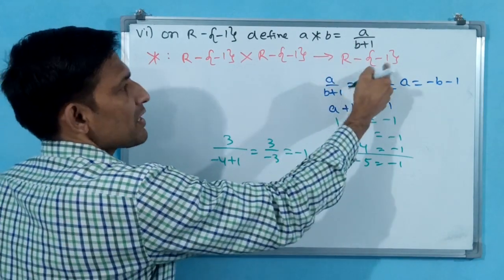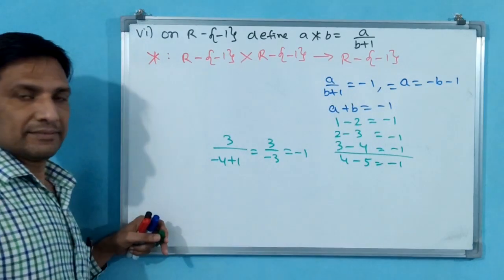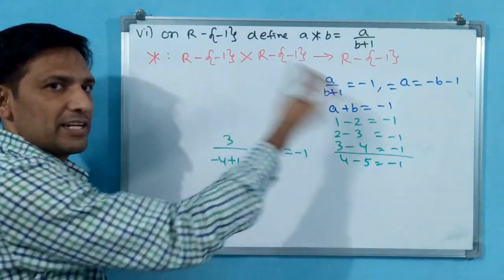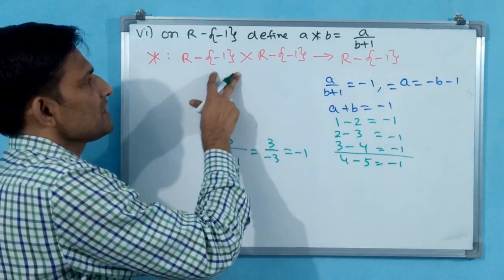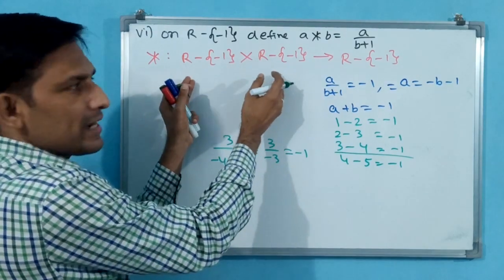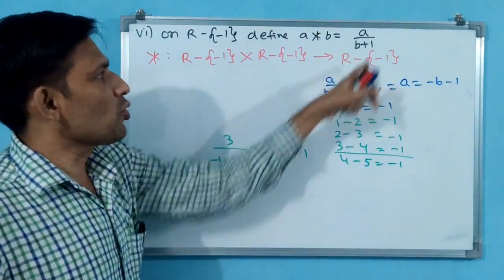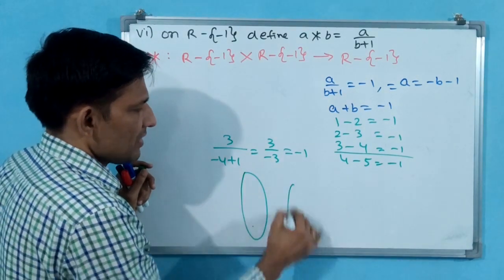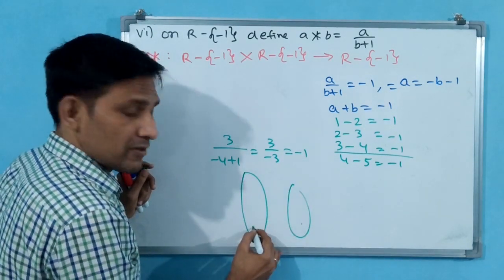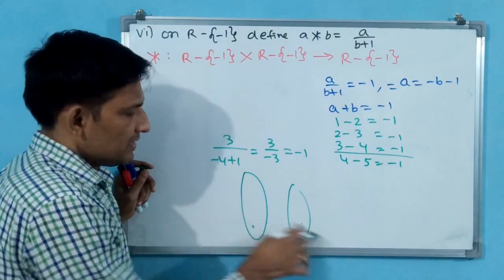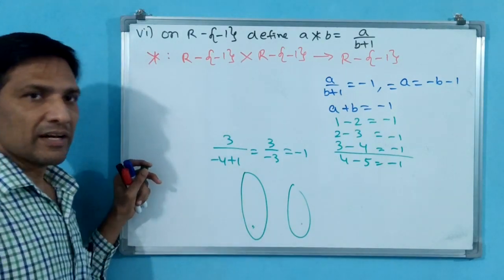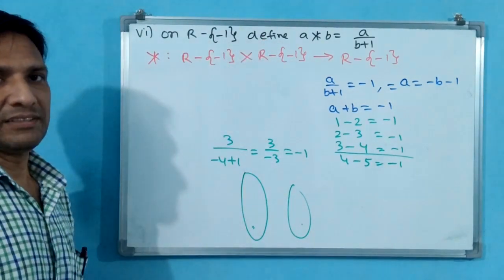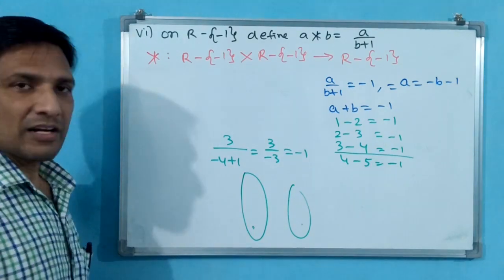Minus 1 comes, but minus 1 is not there in the codomain. Why? Because this is the domain, the Cartesian product, and this is the codomain. In the codomain, minus 1 is not there. If any function does not find an element, if that element is left, then that is not going to be called a function. Binary operation is a function. That is why this is not a binary operation.